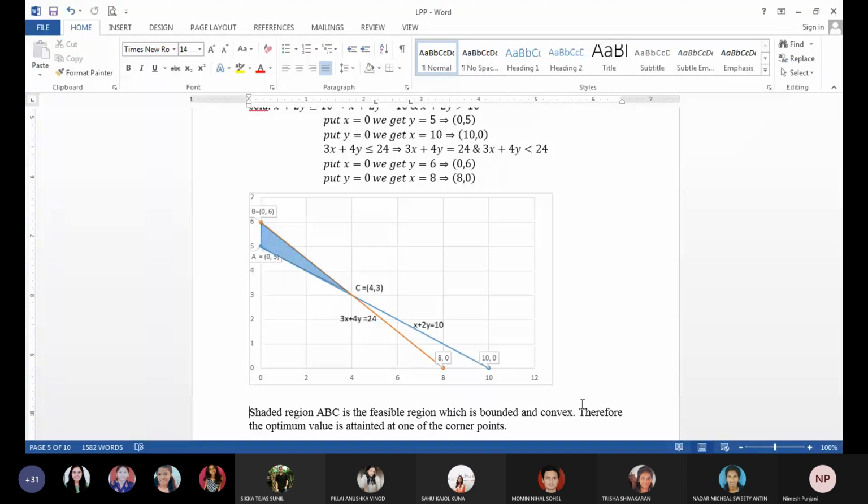So the shaded region ABC is the feasible region which is bounded and convex. So as per the result which we had discussed, the optimum solution will be attained at one of the corner points. First of all, tell me, is this feasible region okay to everyone?